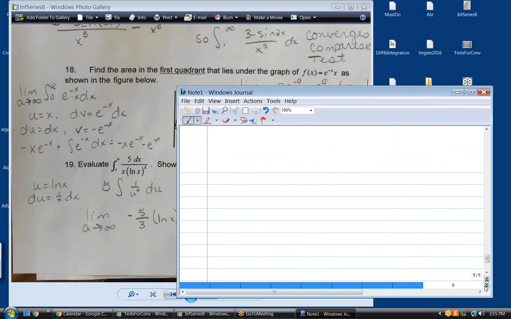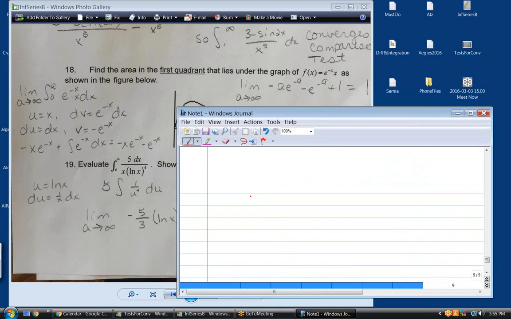If I said negative infinity times e to the negative infinity, well, that's the same as, that goes to 0. In other words, that's what this expression is, right?